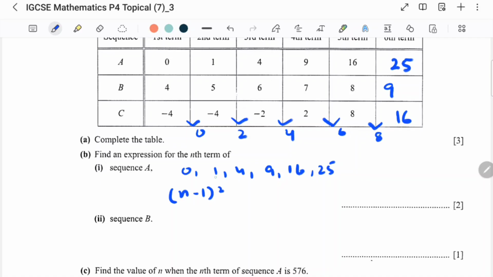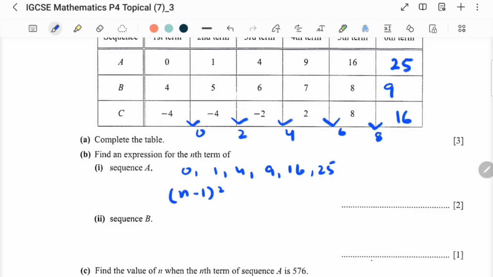You just see the difference: 0, 2, 4, 6, 8. We are doing A. So this is 0, 1, 4, 9, 16. When n is 1, it is 0 squared.